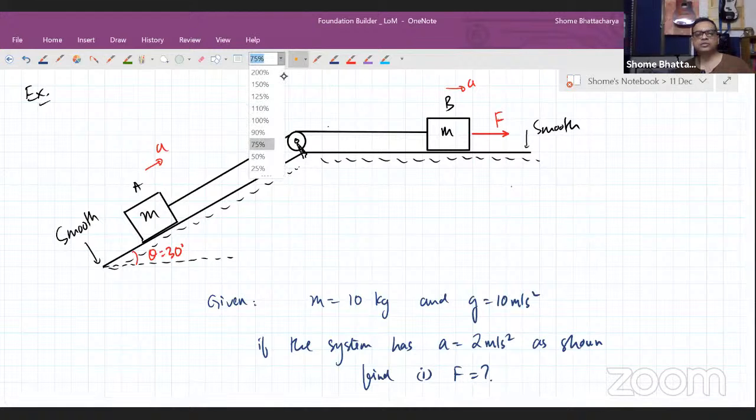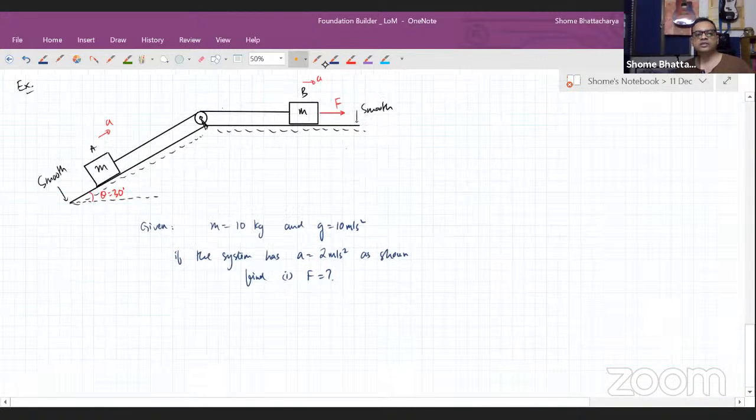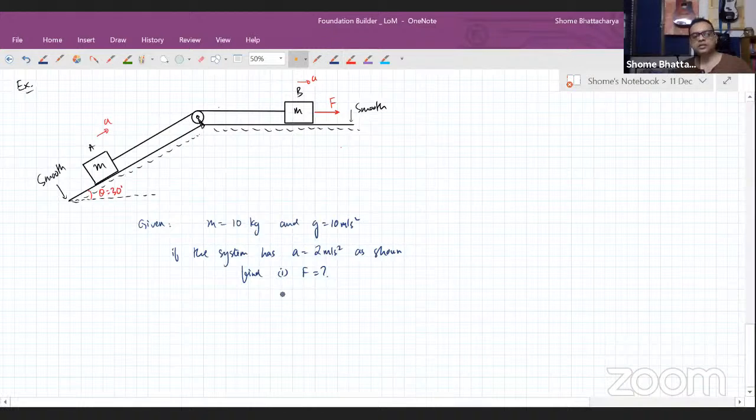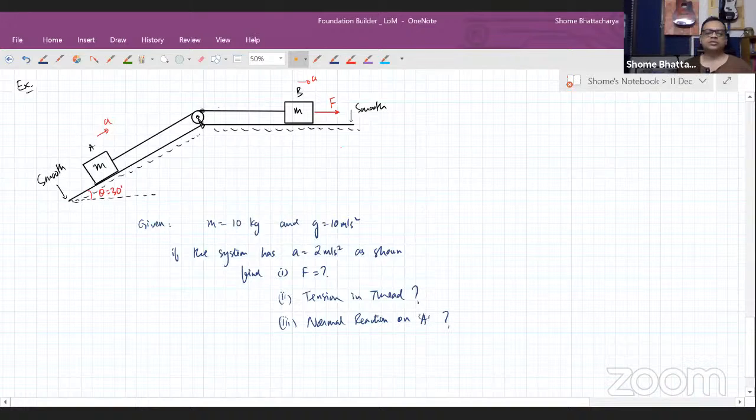How much is that force? So there's a horizontal external force we are applying. Then the tension in the thread, and also the normal reaction on block A. On the block A, how much is the normal reaction?